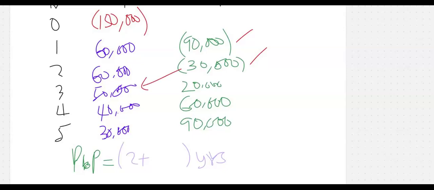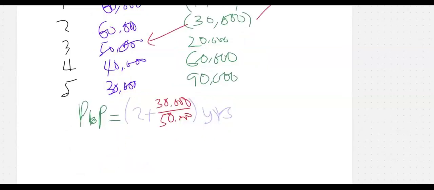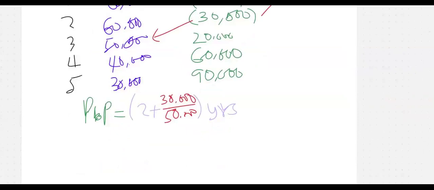So we would treat the 30,000 as an absolute figure. That is 30,000 divided by the inflow of 50,000 for year 3. And this is going to give us 30 divided by 50, which is 0.6.